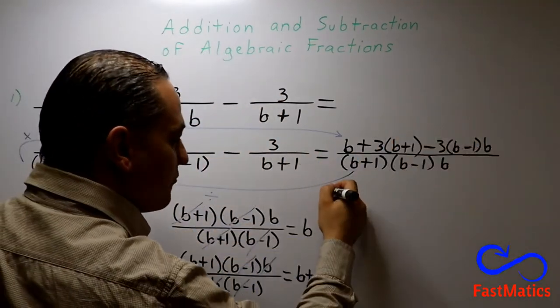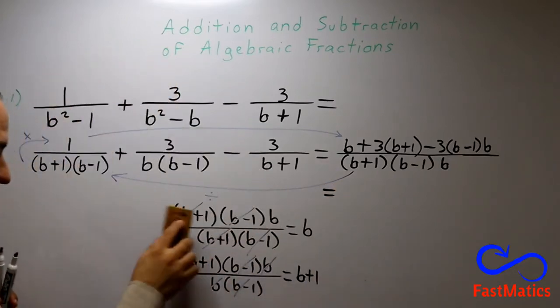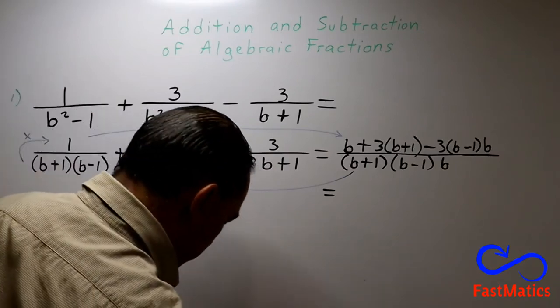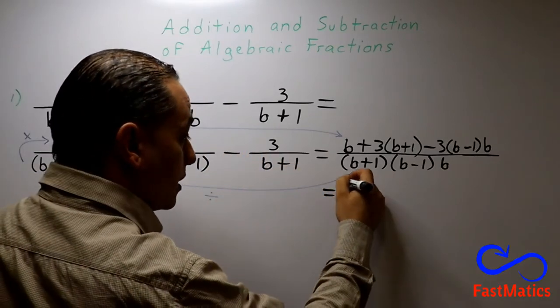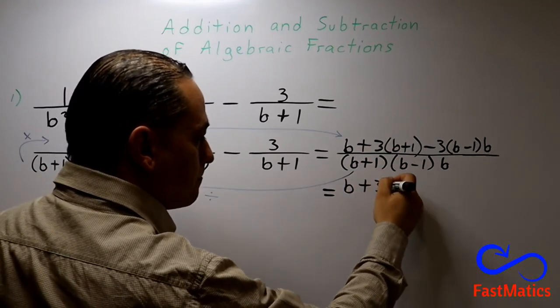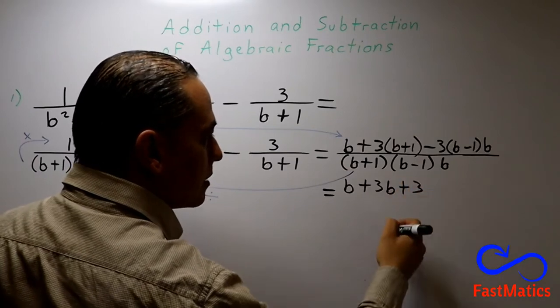Finally, we simplify the numerator. We are going to erase those temporary procedures. Now we have b plus 3 times b plus 3b plus 3 times plus 1 plus 3.